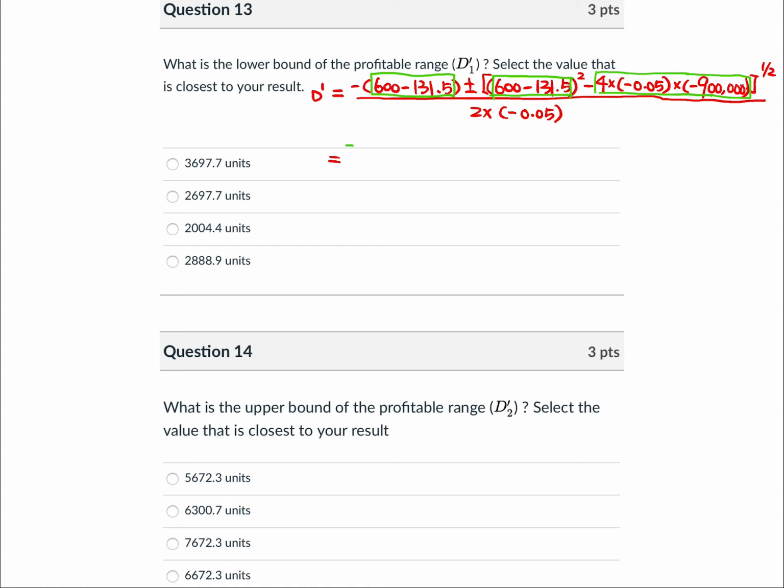So 600 minus 131.5, which is 468.5, plus minus bracket 468.5 to the power of 2, minus 4 times negative 0.05 times negative 900,000.